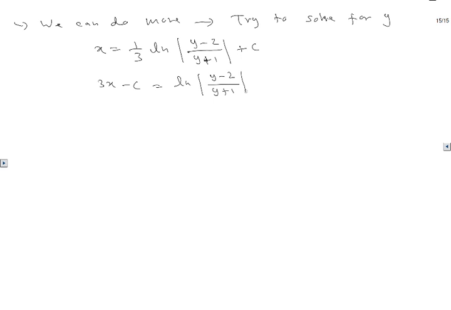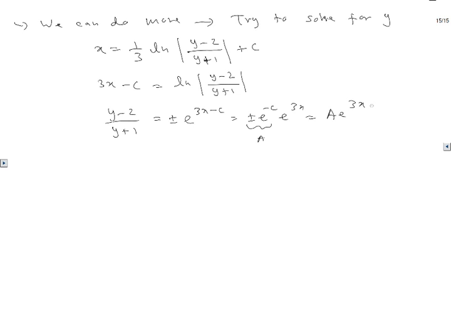Now this is a log function, and we try to write it using an exponential function. So we can write (y minus 2)/(y plus 1) equals plus or minus, because we removed the absolute sign, e to the 3x minus C, and as we normally do, this is plus or minus e to the negative C times e to the 3x. We're going to take this whole thing as A, so this simply becomes A e to the 3x.